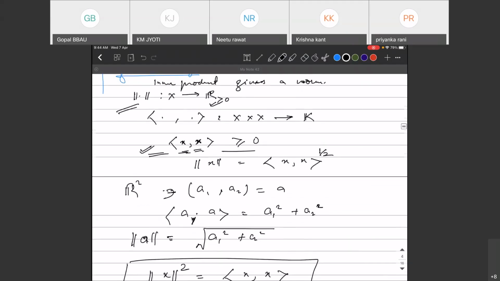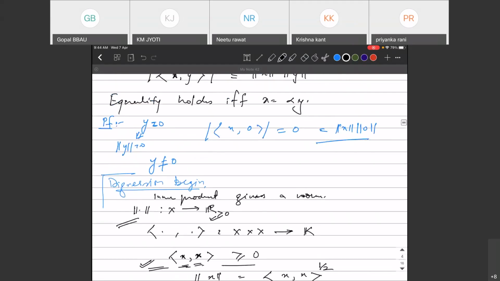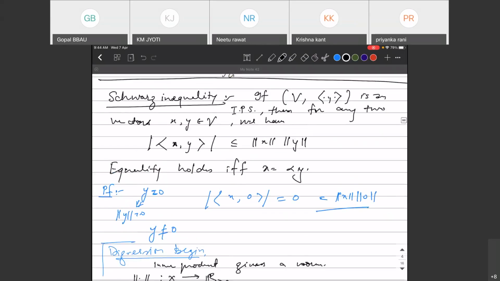Okay, let's go to the proof of this. Let's again see the statement. What we want to prove is that for an inner product space, for any two vectors x, y, this inequality holds.